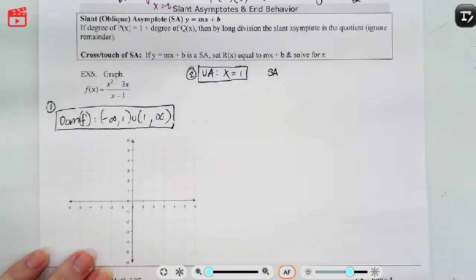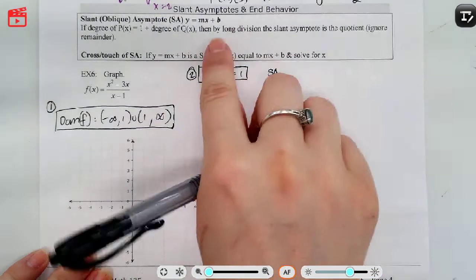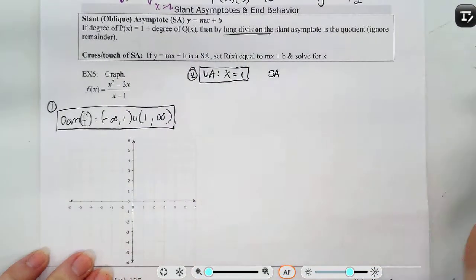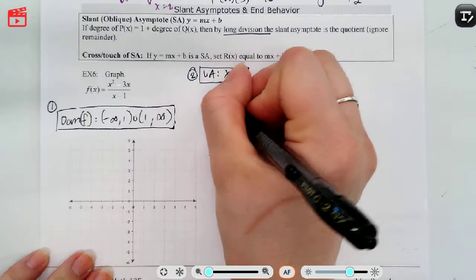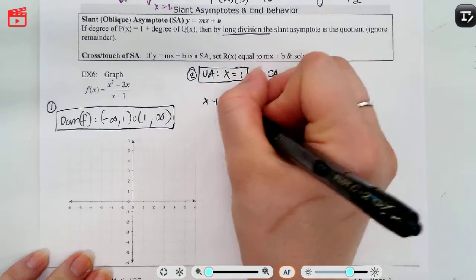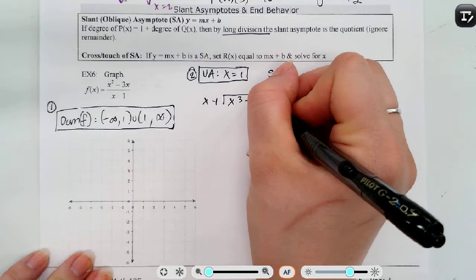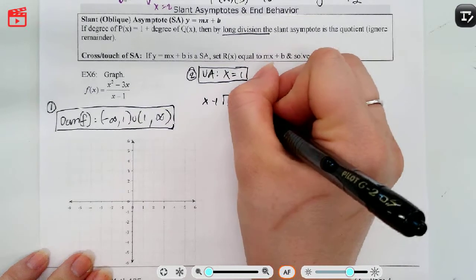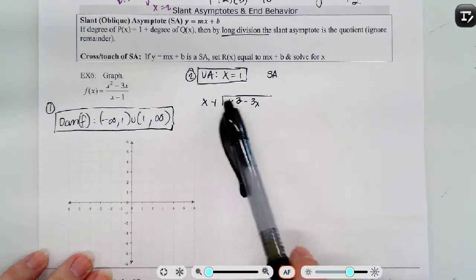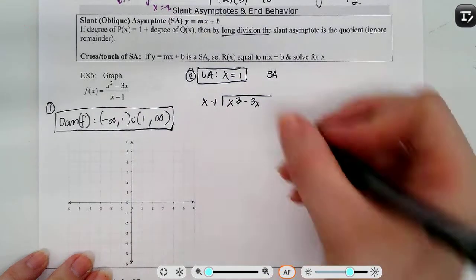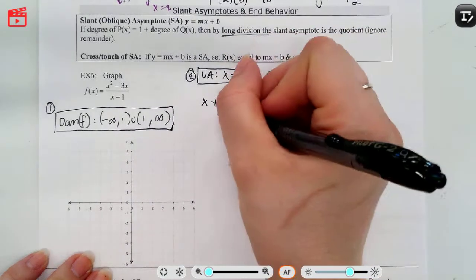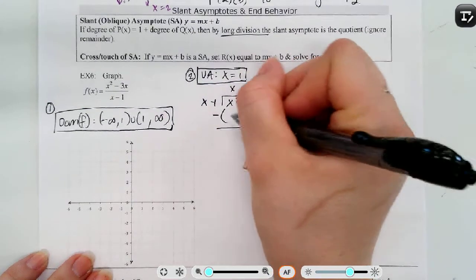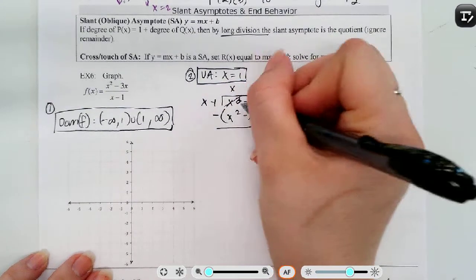Okay, so a slanted asymptote, well, how do we find that? Long division. Okay, so let's do that. So doing long division, how many times can x go into x squared? Once. So subtracting, that's going to be x squared minus x. Those cancel.